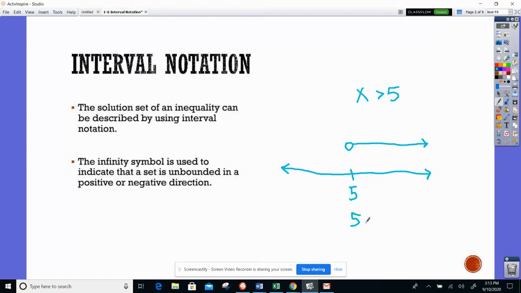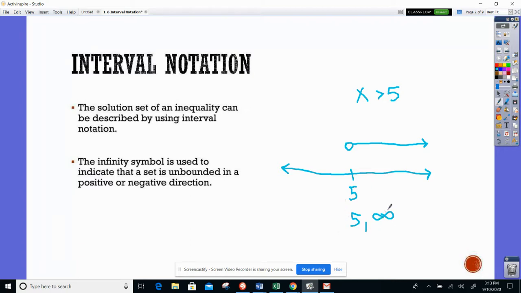Okay, for example, in this case, our arrow goes on forever to the right, so our infinity symbol will be over here. Okay. However, you don't just put 5 comma infinity. You're either going to use parentheses or brackets to denote this, and we're going to talk about which to use in the next slide.